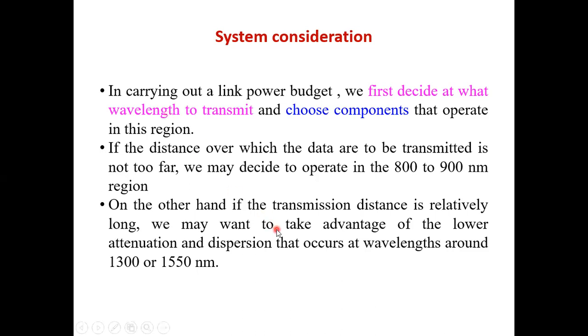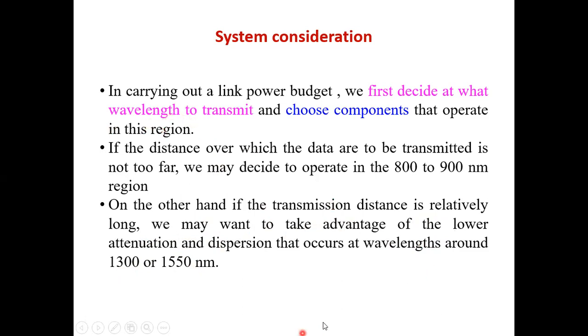On the other hand, if the transmission distance is relatively long, then at longer wavelength the attenuation and dispersion losses are less. So if the system is spread over a wide distance, you will go for 1310 or 1550 nanometer wavelength.